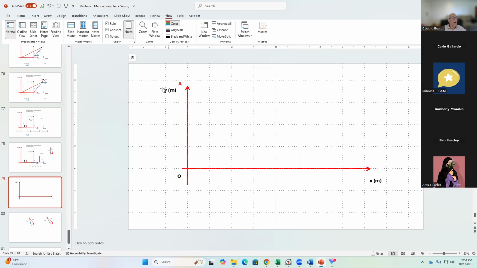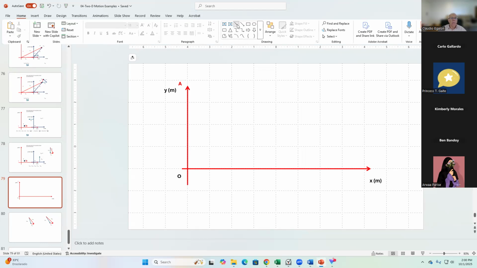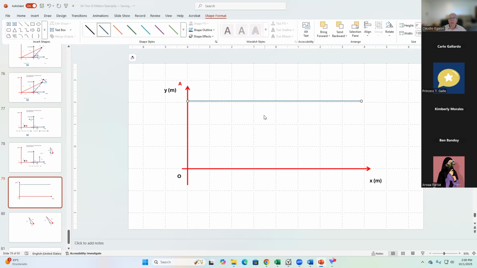Coinciding with the x-axis, we have the riverbank. And a little bit up along the y-axis, we have the other riverbank. So let's say that's the north, south, east, and west.